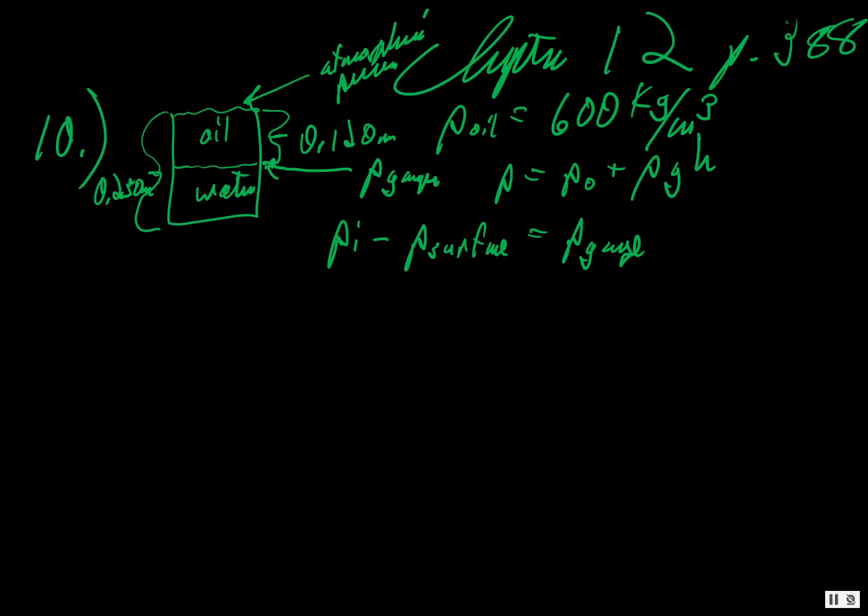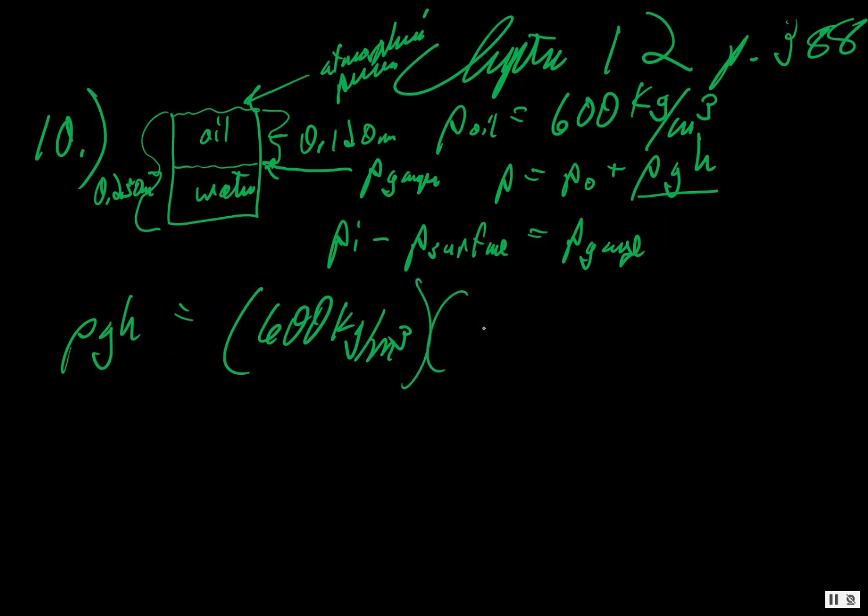How do we find that then? We look at the density of the fluid, and we use this equation right here. Rho g h is equal to 600 kilograms per meter cubed, times g, which is 9.8 meters per second squared, times the height.